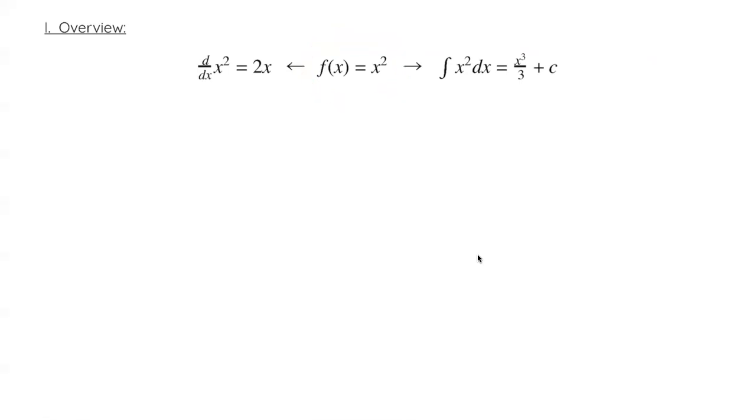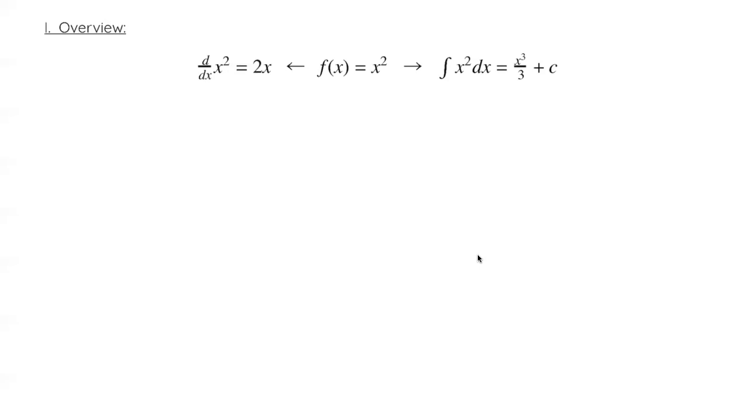Now, every single one of you in here knows that if you take the derivative of x squared, you'll end up with 2x. And if you integrate x squared, you'll end up with x cubed over 3 plus c, right? We all know that. But why is that important?